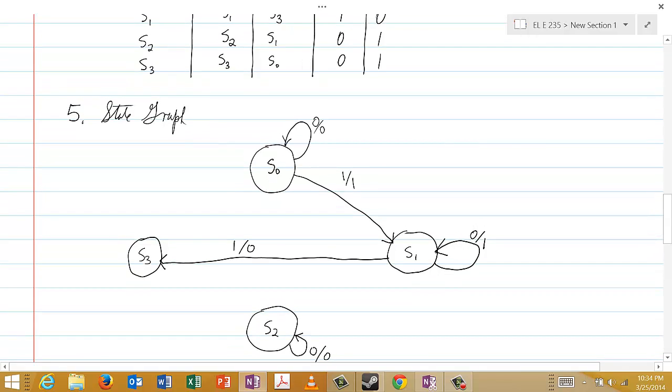On the other hand, if we're in S2 and the input x is equal to 1, we'll go to S1. And in that case, if we're in S2 and x is equal to 1, we'll output a 1.